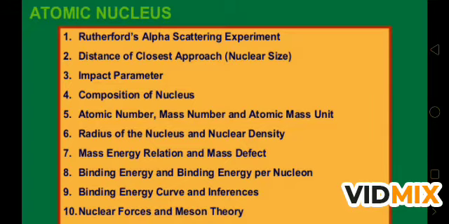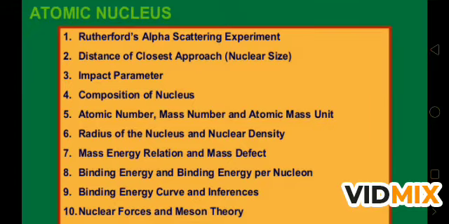Before this chapter, in the previous videos we had learned about the chapter atom, and we discussed the Rutherford alpha scattering experiment. Distance of closest approach, nucleus size, impact parameter, and composition of nucleus we are going to learn in this chapter.